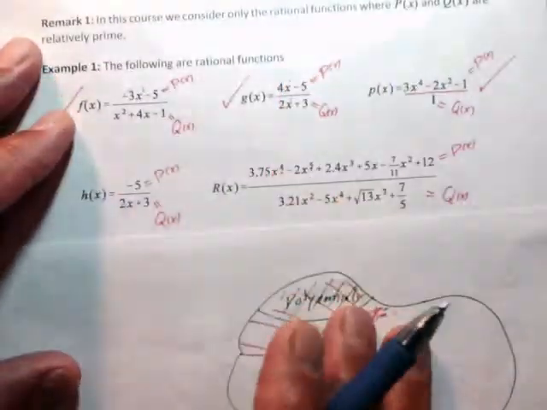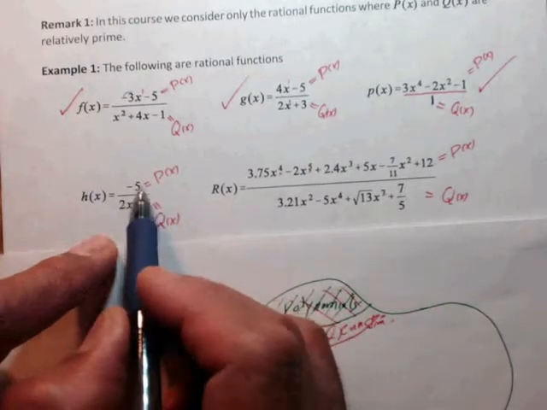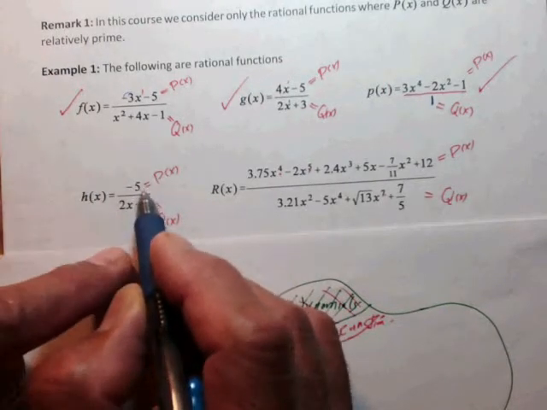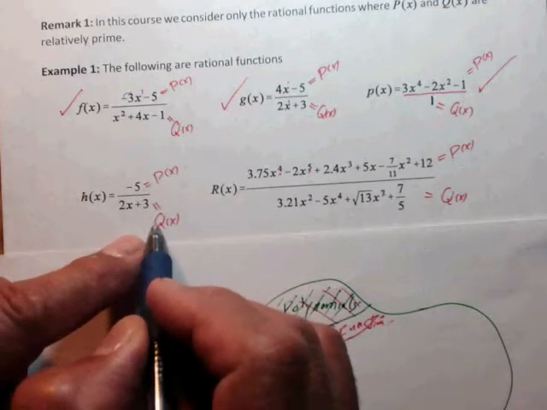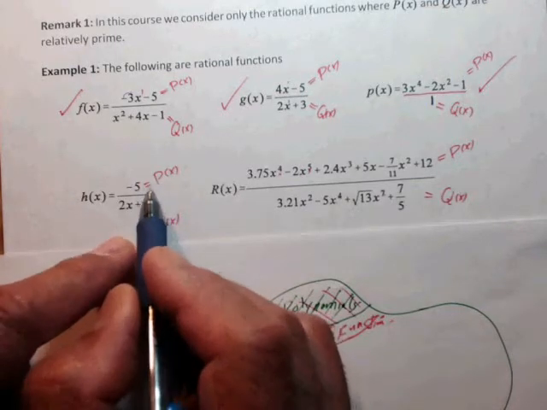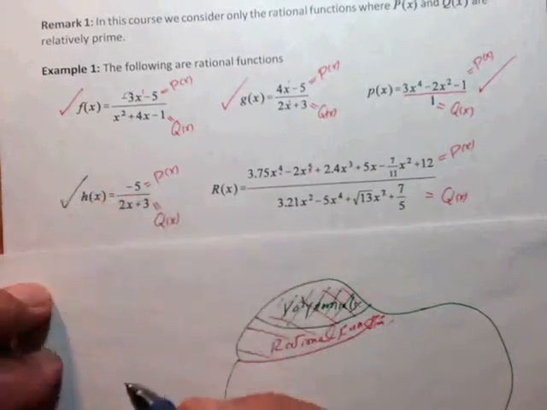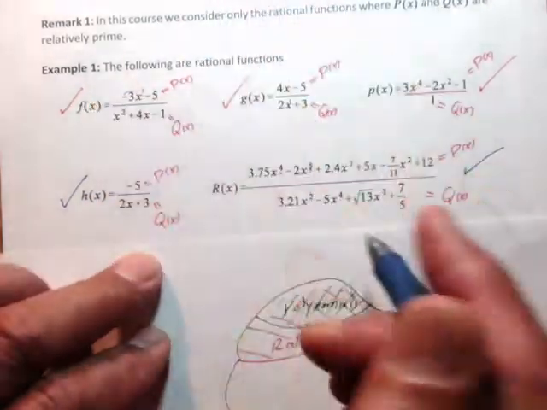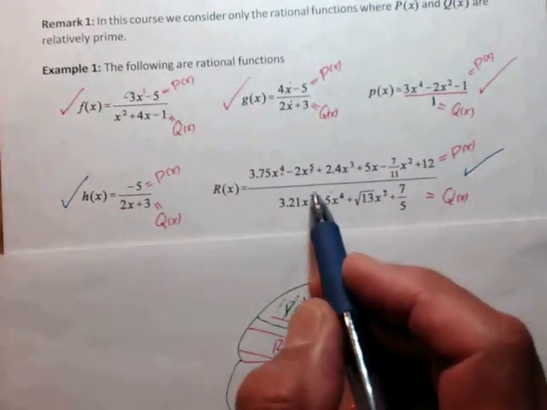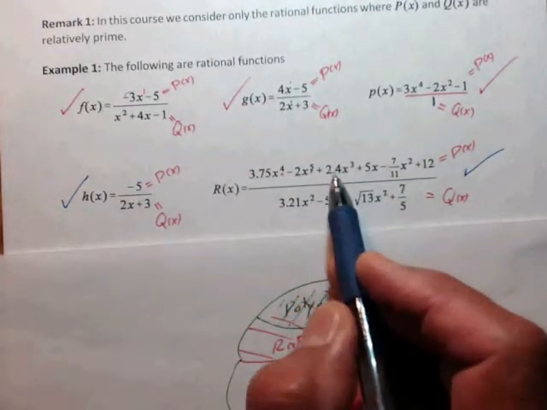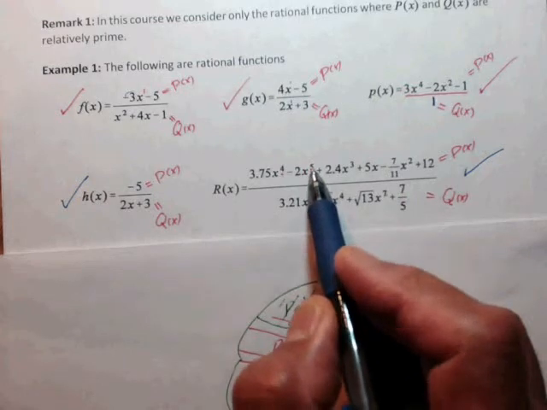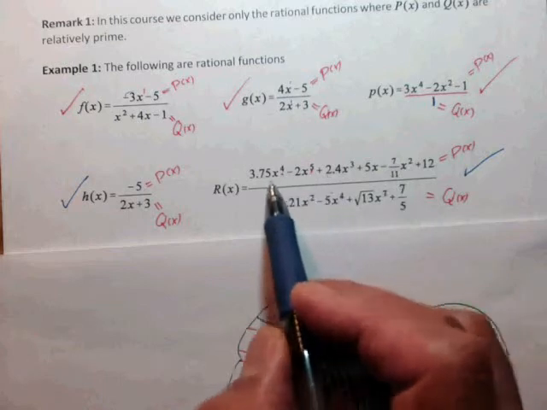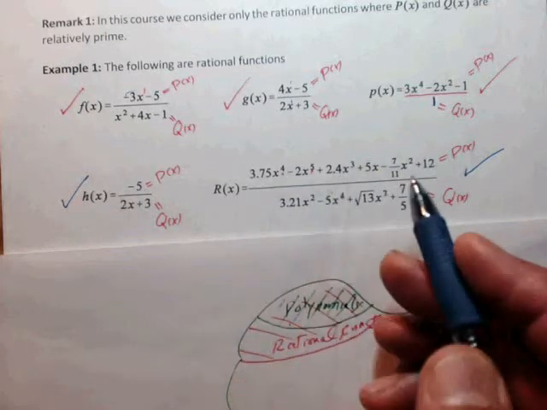This one is simpler. The numerator is just a number, the polynomial of degree 0, p of x. The denominator is a linear polynomial. So this is a rational function. This is also a rational function, but compared with the other one, it's pretty ugly looking. It's very involved. The numerator has degree 5, and the coefficients are like 7 over 11, 3.75, 2.4.